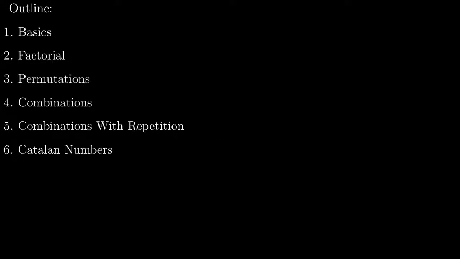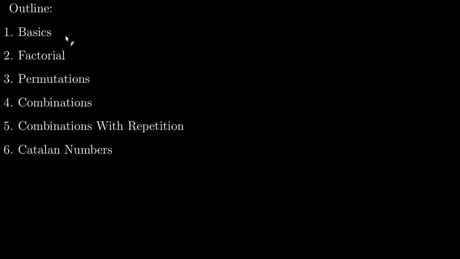So, first, a brief outline of what the videos are going to cover. In this first video, I'm going to cover some basics, and these basics are things that students may already cover or master in junior high or early high school.